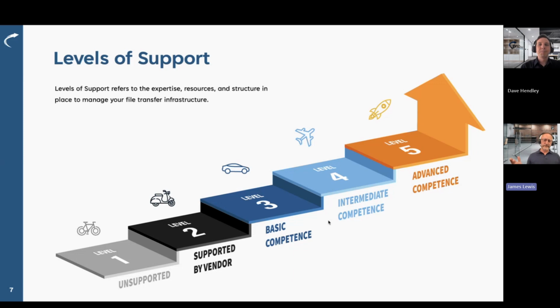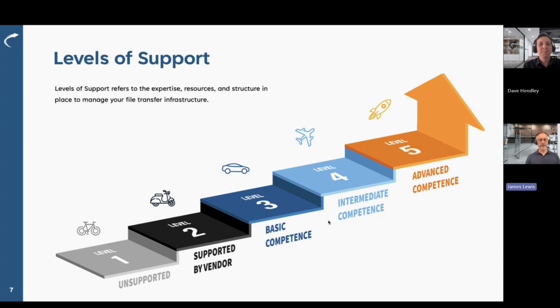Basic competence, as you'd expect, means that somebody in the organization, maybe a couple of people, know enough about the solution to keep it ticking over, not an awful lot more than that, and really relying heavily on the vendor support for the technology. So it's a good starting point, and they may well have invested in a bit of training. They may well have looked at maybe CFTA, and we'll talk about our training later on.